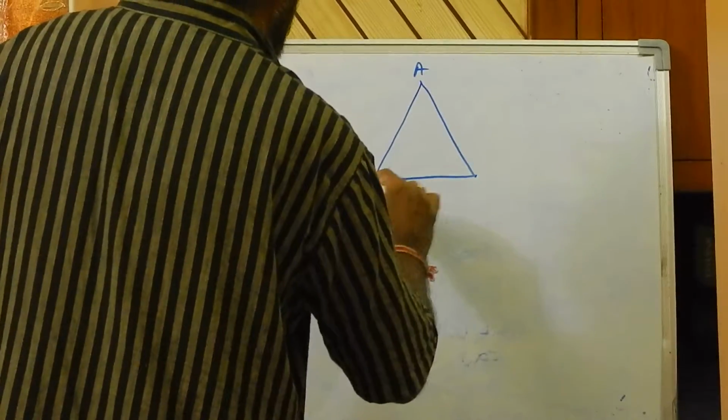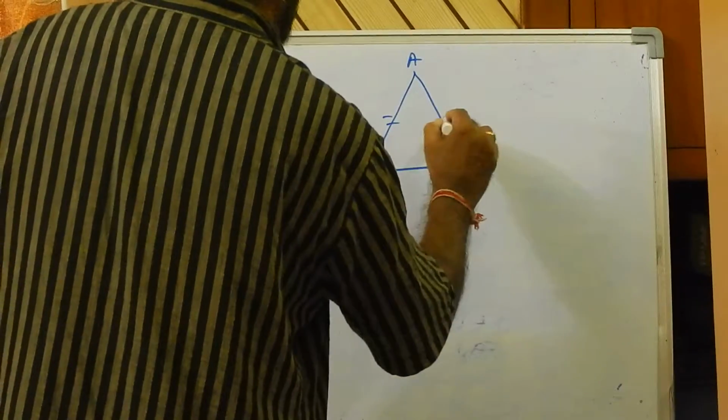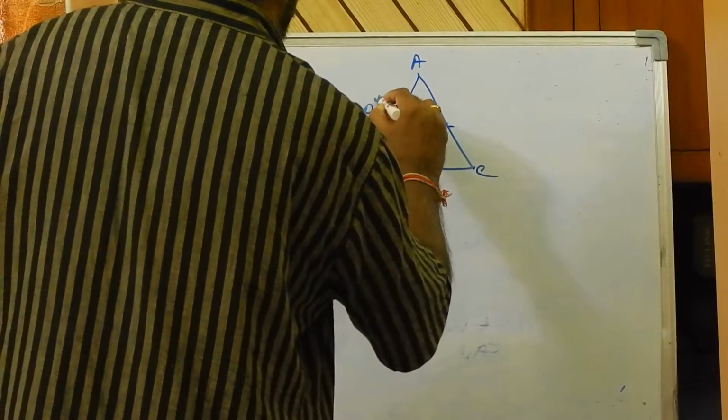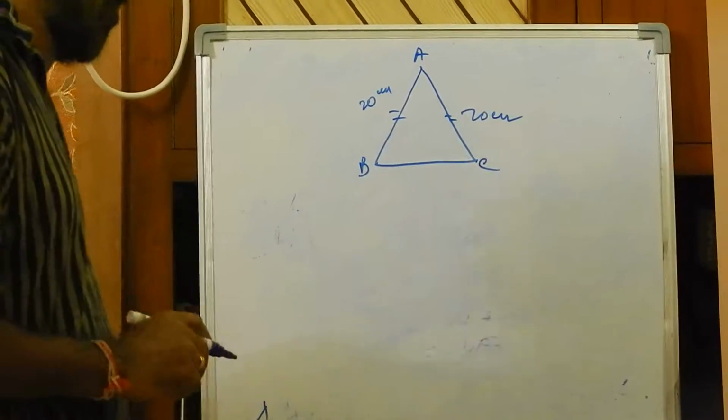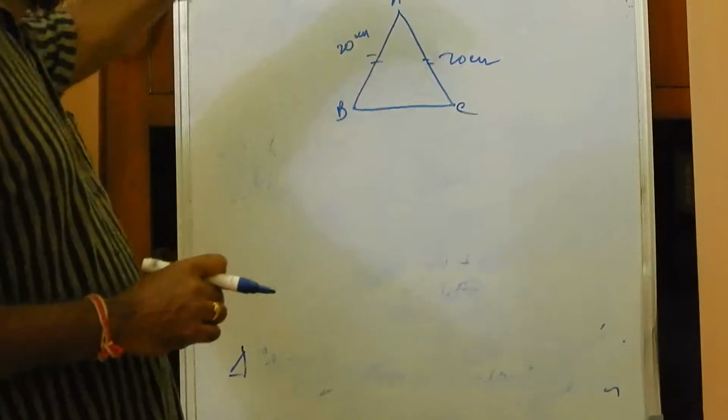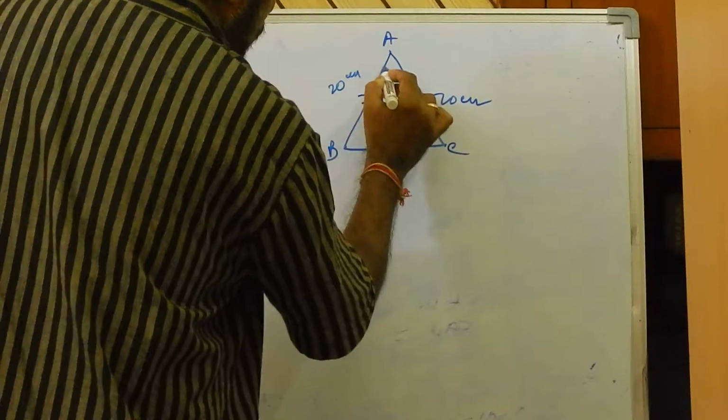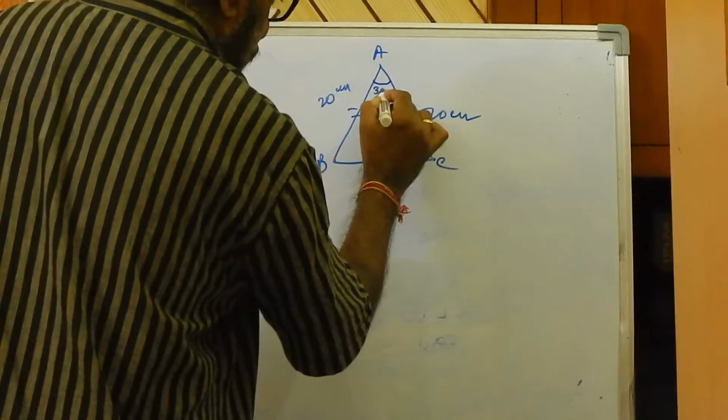Again it was triangle ABC, again AB equals AC, again 20 centimeter each, but the problem here was that the angle holding them was 30 degree, not 45 degree.